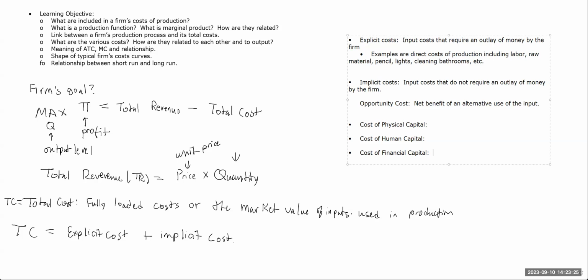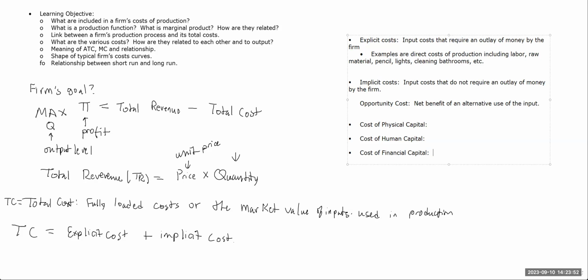What is physical capital? Physical capital is like machines we use, computers, stuff we use to help us produce widgets, or pizza ovens, printers and stuff like that. Human capital is basically knowledge. Financial capital is basically money. So what is an opportunity cost with physical capital?